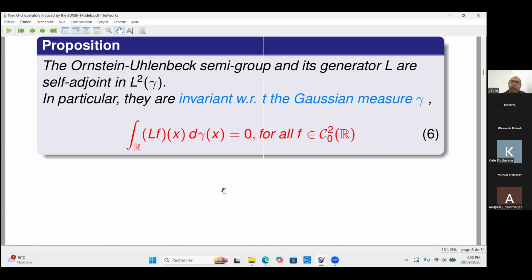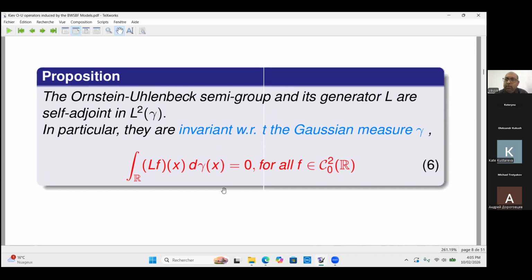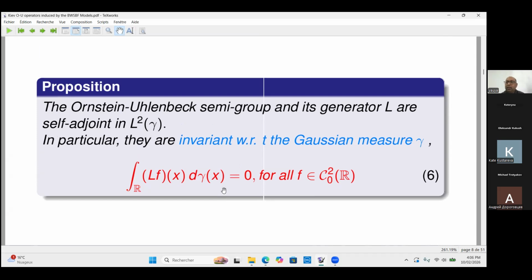That is, the integral of Lf dgamma(x) equals 0 for all C2 functions which vanish at infinity. So the problem given by Warden and Héroux is: does there exist an analog of such phenomena on the complex domain C or Cn?